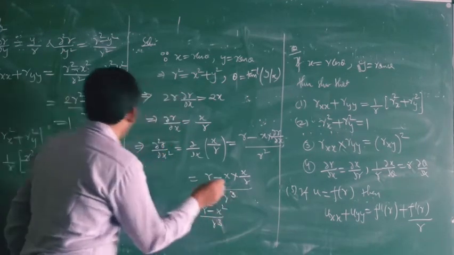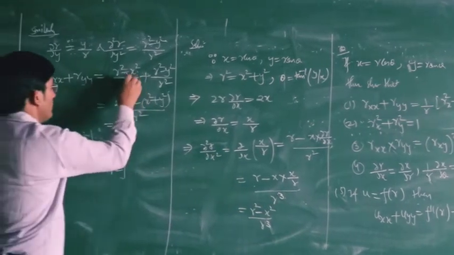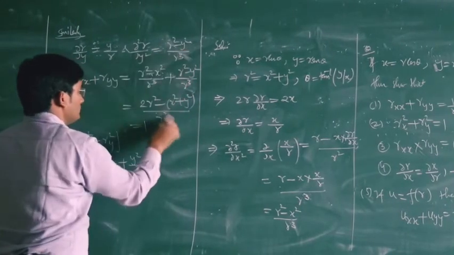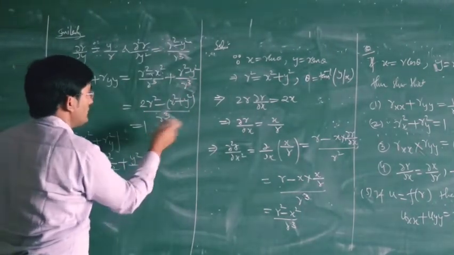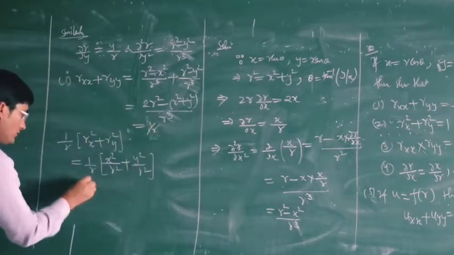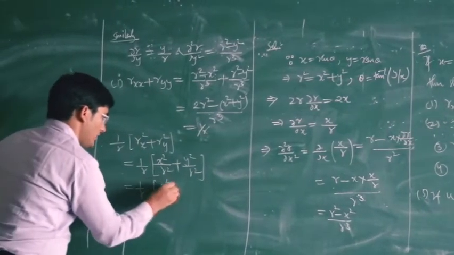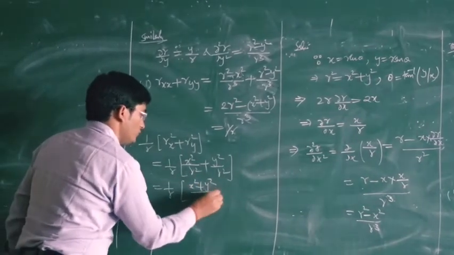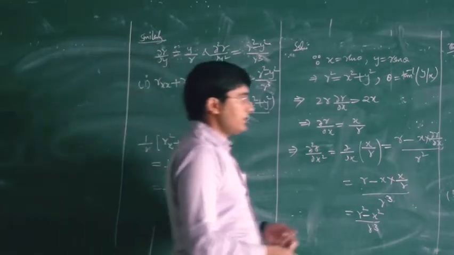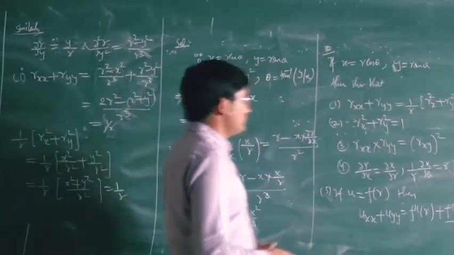Again this is r cube. So we have r cube here and r cube here. So you can see that this is 1 by r. So again here we have 1 upon r. So your left hand side is same as right hand side. So we have proved the first part.